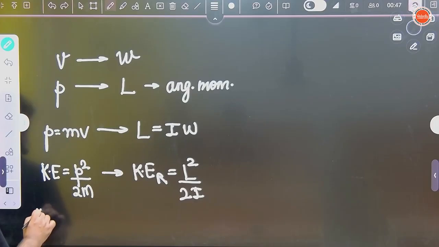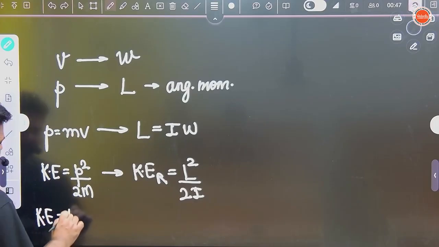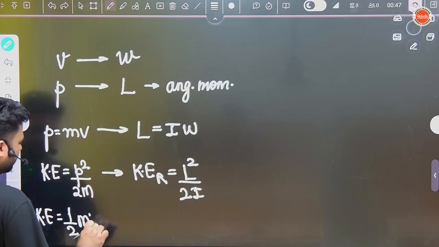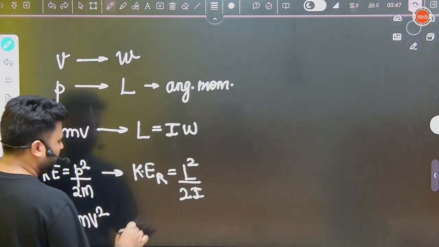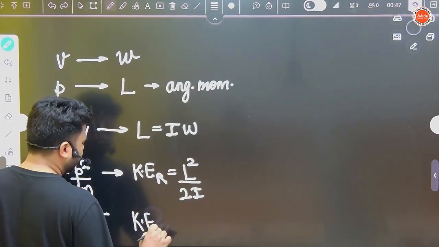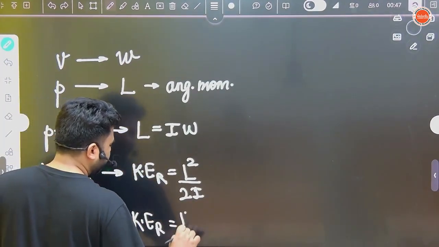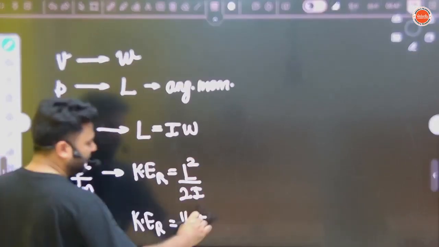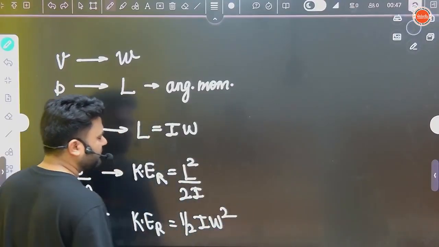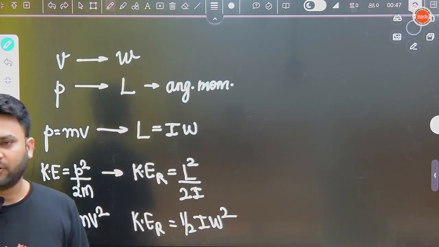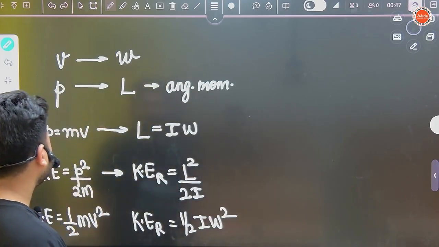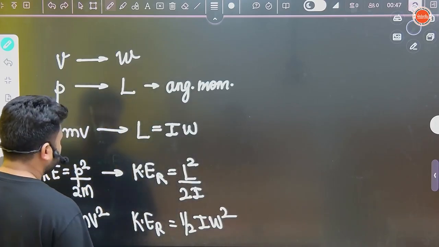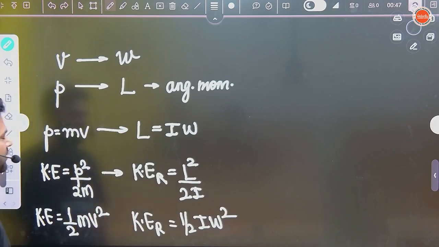Also, kinetic energy in linear motion, what do we write? Half mv square. So kinetic energy in rotation: half, in place of mass, moment of inertia; in place of velocity, angular velocity square. So these things you should know.